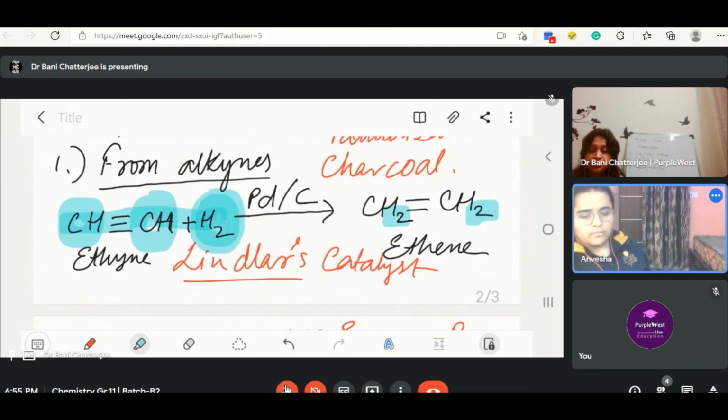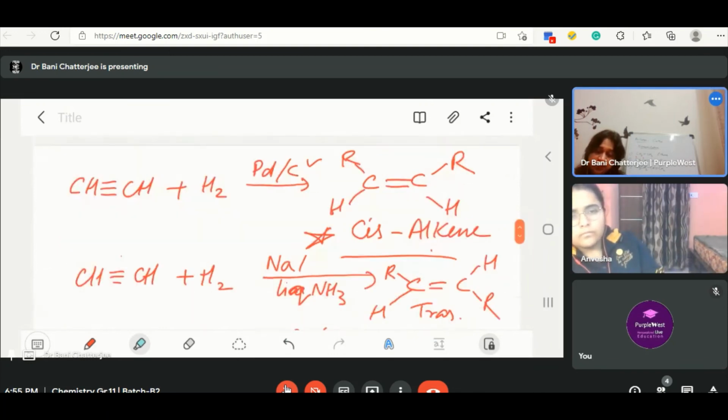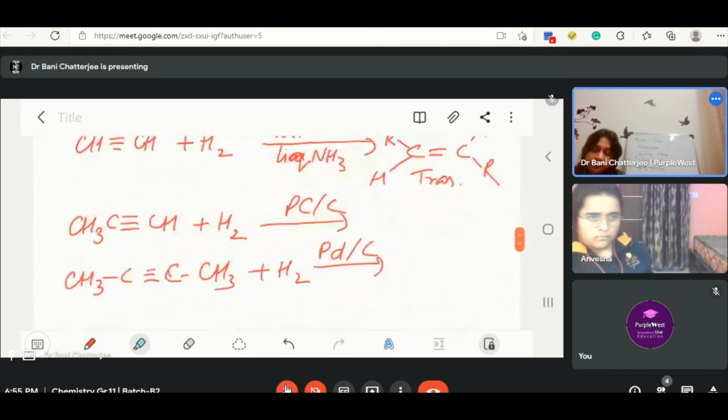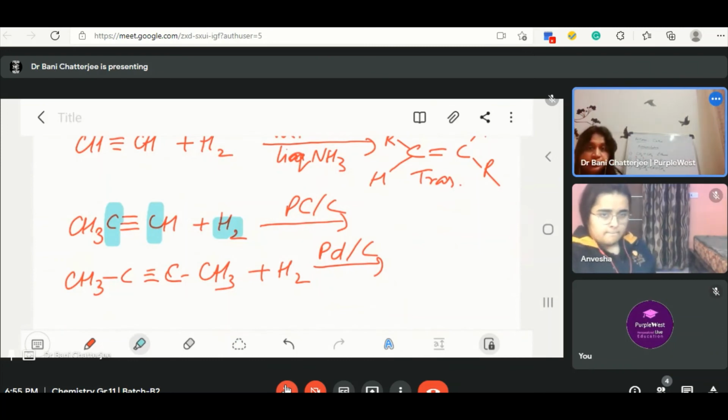Yes. Do it here. The same thing. Just see carefully how many hydrogens are there. 2. And you have 2 carbons, one this and one this. You have to remember tetravalency of the carbon to be maintained.